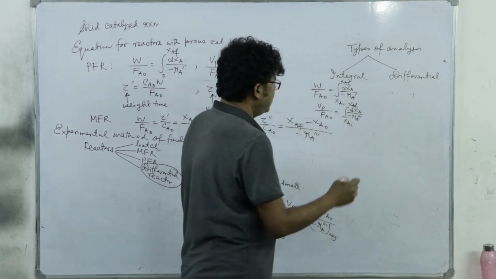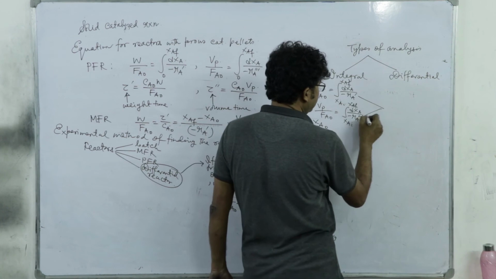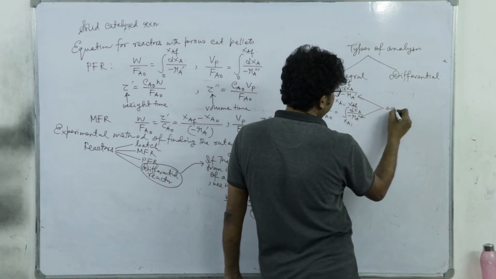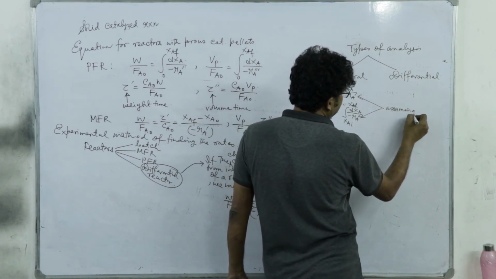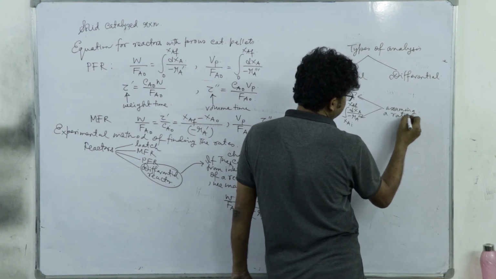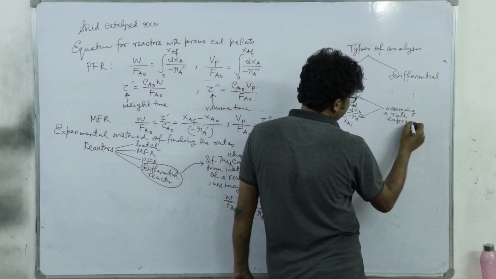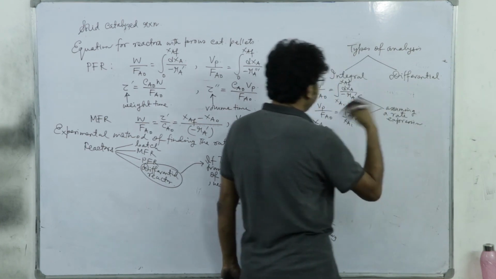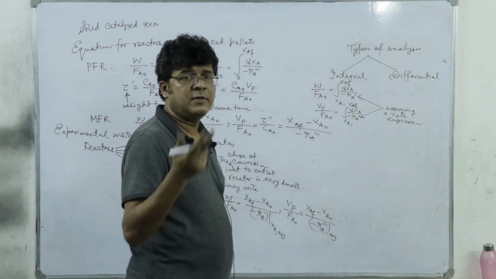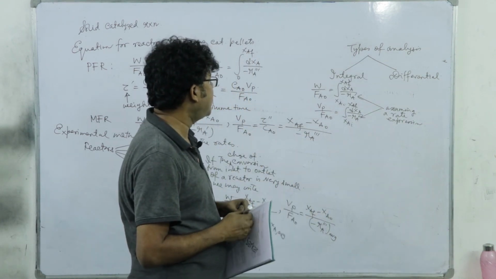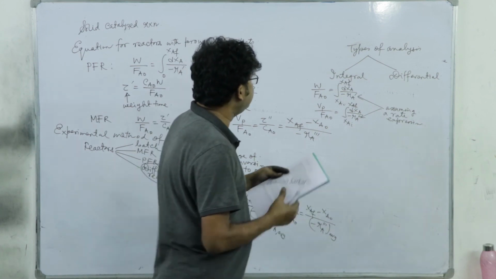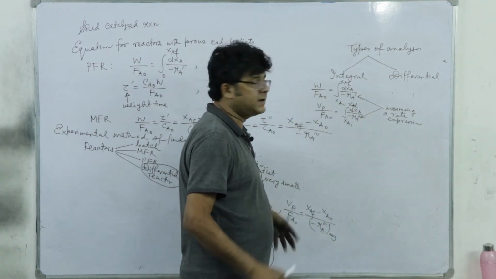So, here we have to assume a rate expression just like batch, right, and integrate it, convert it to the linear form and check whether the linear form is satisfied with this reactor data upon changing W, upon changing this flow rate, etc.